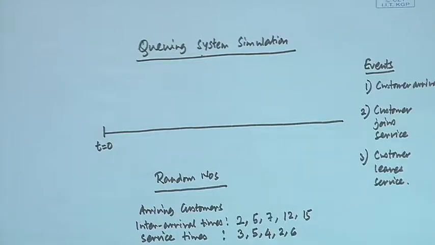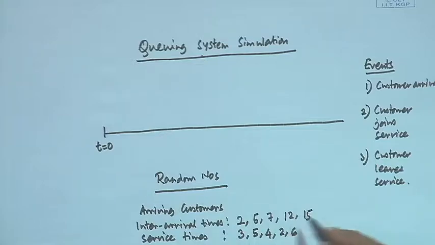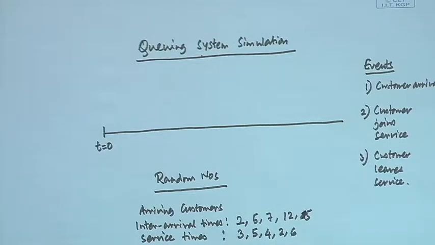The last inter-arrival time is really very high, so let us make it only 5 and not 15. So the inter-arrival times are 2, 5, 7, 12 and 5, and the service times are 3, 5, 4, 2 and 6.